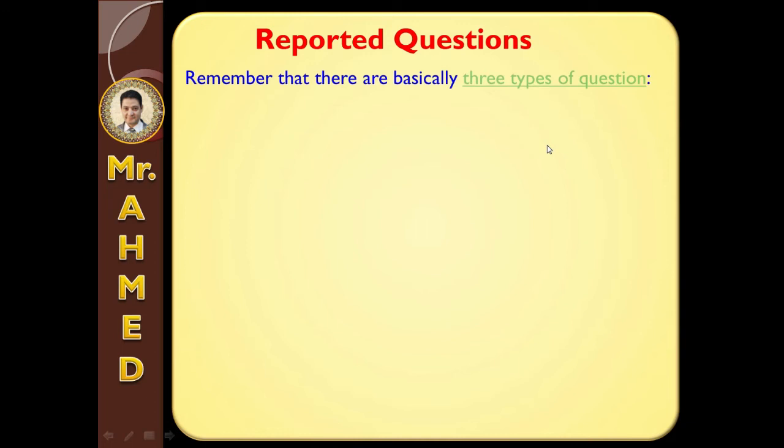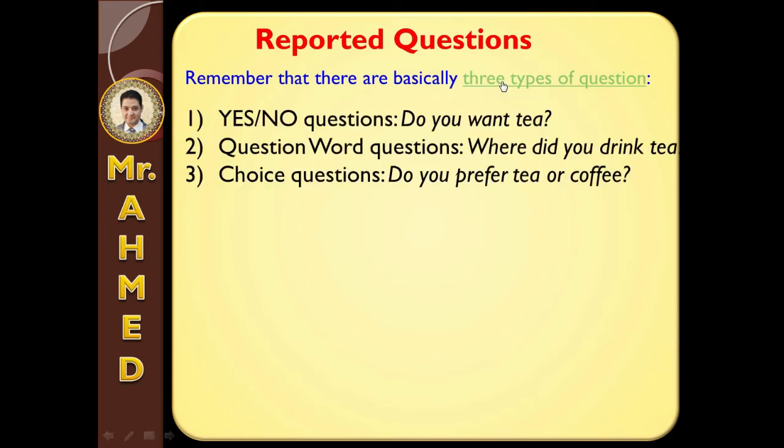Now we are going to talk about reported questions. Remember that there are basically 3 types of questions. The first type is the yes or no question, like "Do you want tea?" The second is the wh-question, where we use question words like where, when, how, for example "Where do you drink tea?"